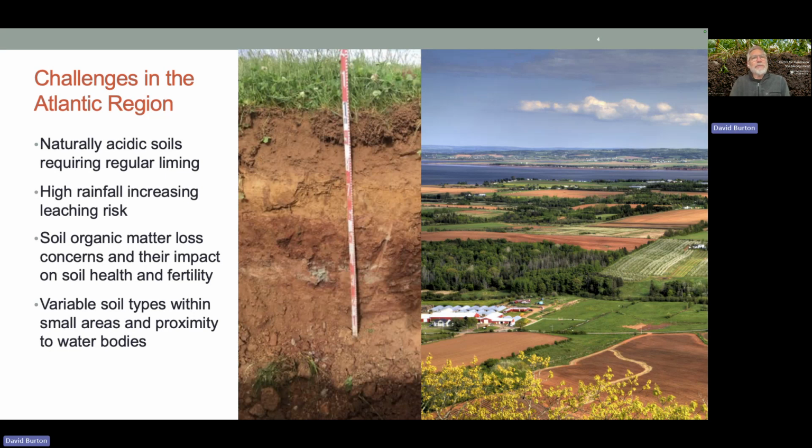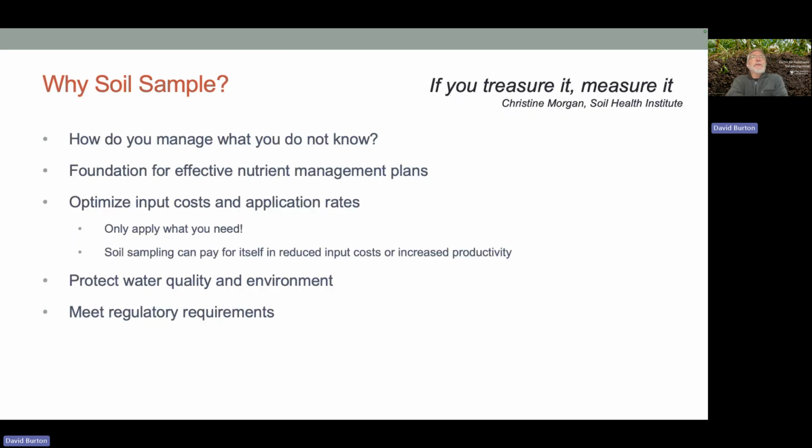And also we have topographically and spatially variable soils that are often in close proximity to water bodies or are overlying sensitive aquifers, emphasizing an increased importance for effective nutrient management such that we don't contaminate those water sources and impact them.